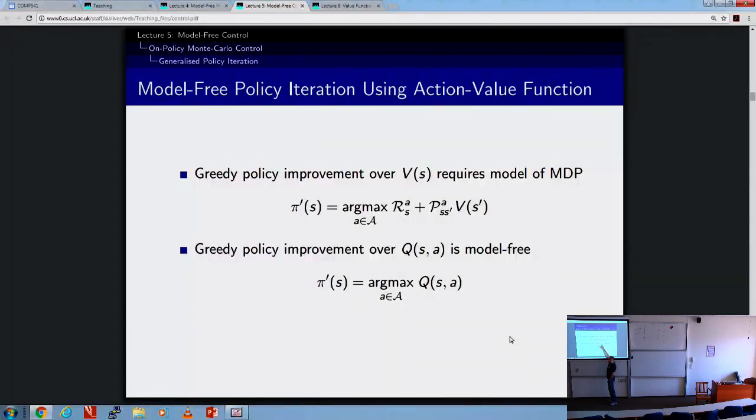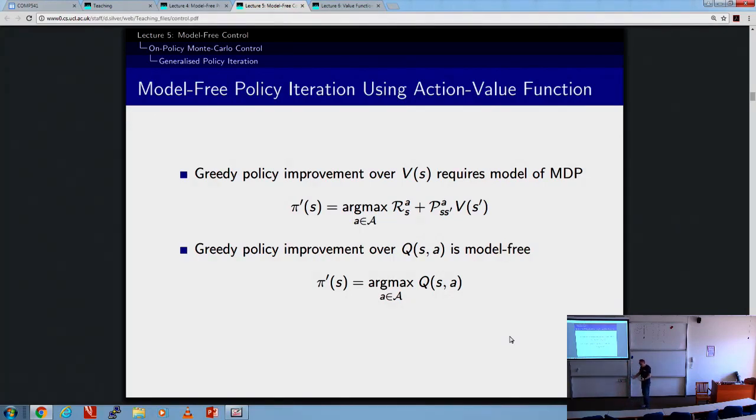However, I can't calculate this because I don't know R and I don't know P. So that means if somebody gave me just the V function, I cannot actually calculate my optimal policy based on just the V function if I'm in a model-free universe. If I don't know R or P, it is hard to translate the V values to optimal actions.